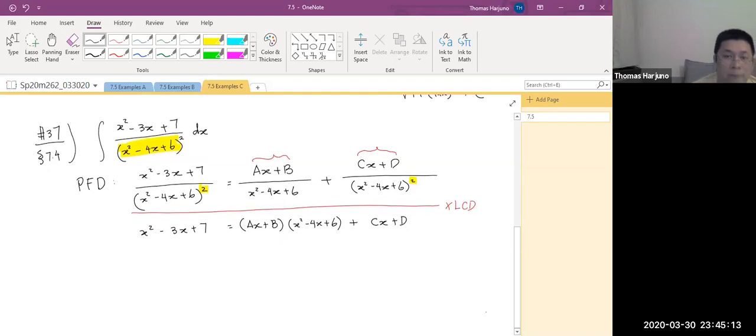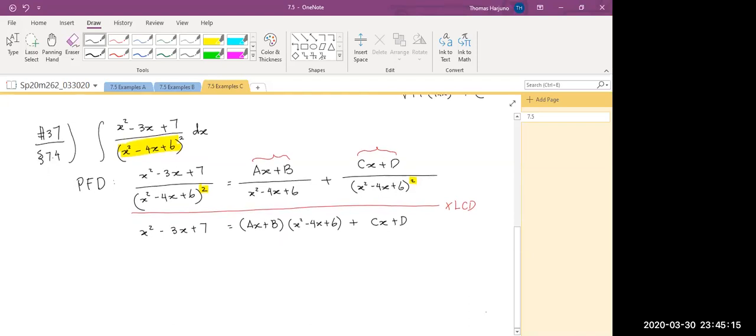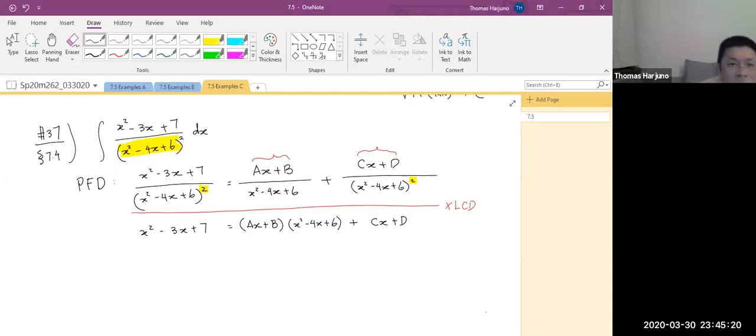Is it okay for this? Yeah. Now, when it comes to the irreducible case, I strongly suggest you use the grouping method, the first method.